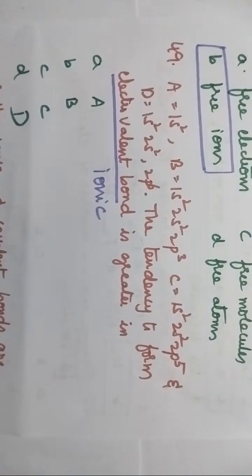Which is having greater tendency to form ionic bonds?